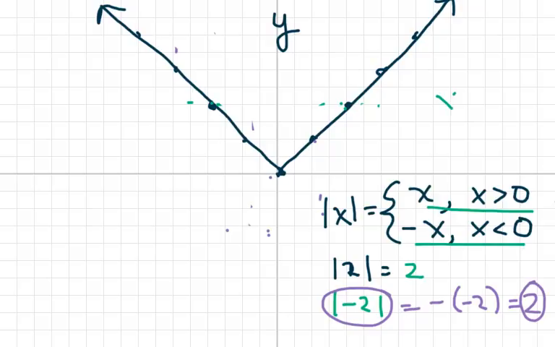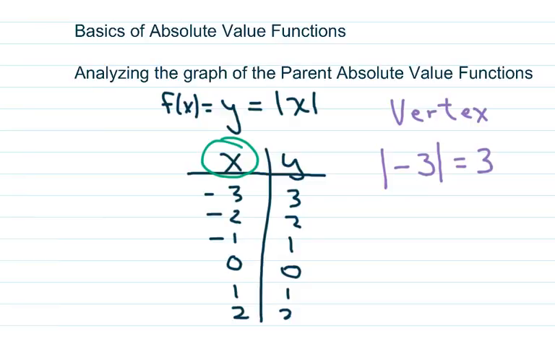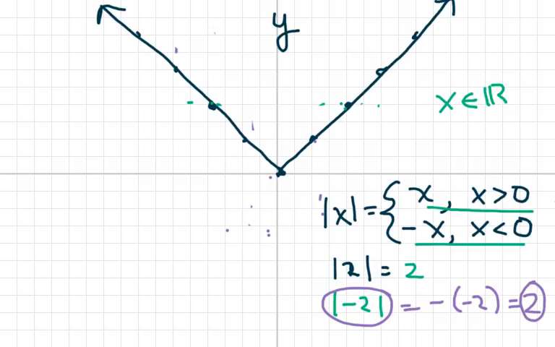My range, no matter what values I put in, my values are going to be 0 or greater. So it's positive numbers including 0. So my range is y is greater than or equal to 0, or you can write it as 0 to infinity for interval notation.